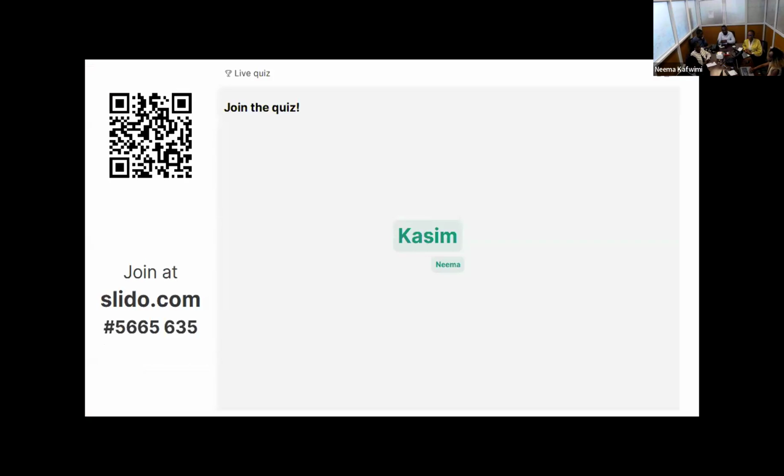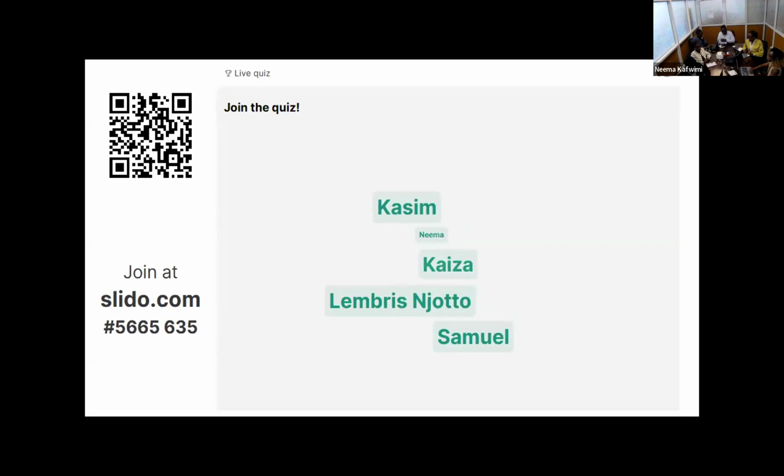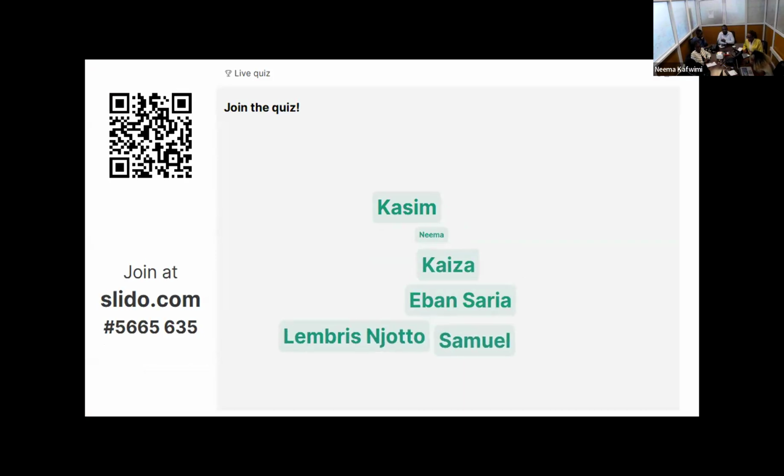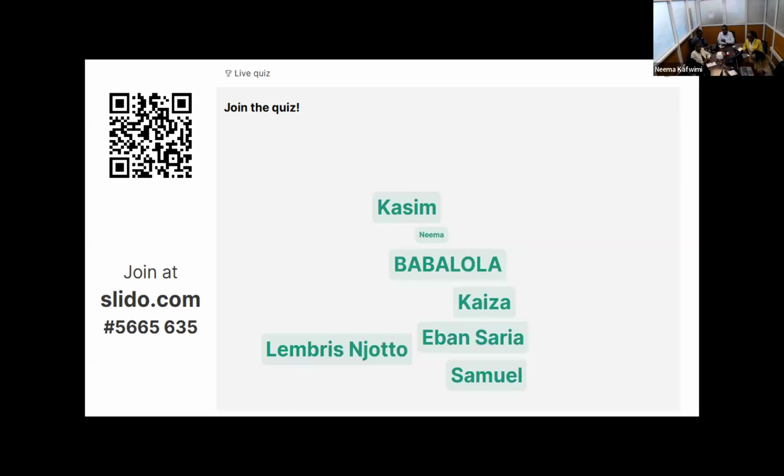Yeah, can you please scan the barcode and join slido.com? And when joining, if you want your responses to remain anonymous, feel free to use a nickname instead of your actual name.